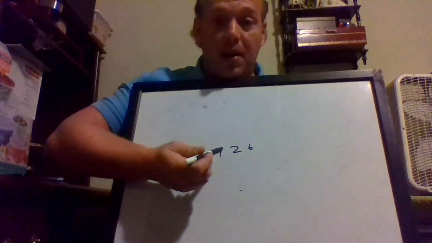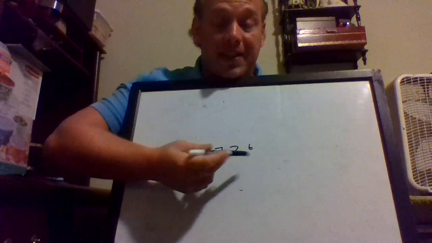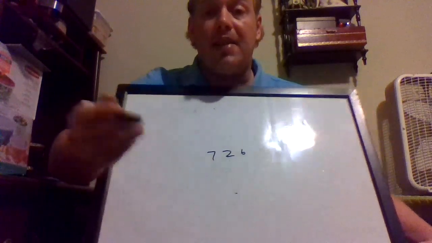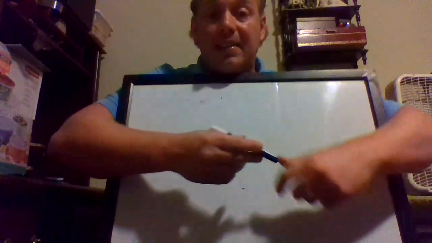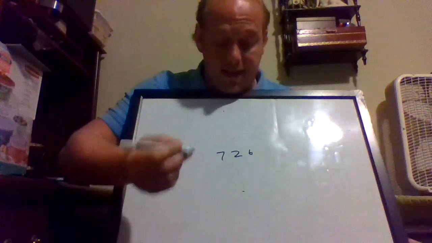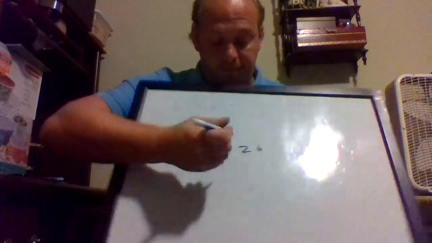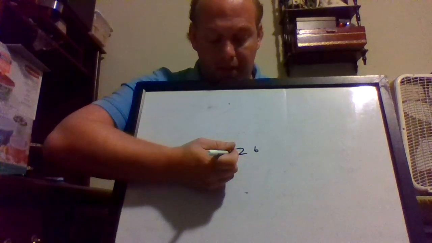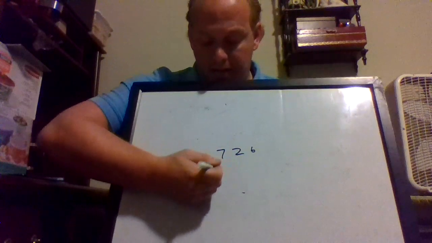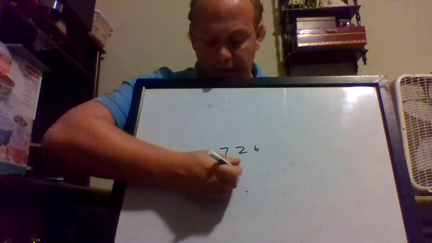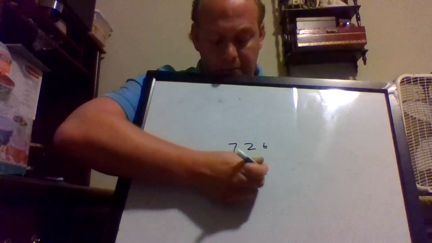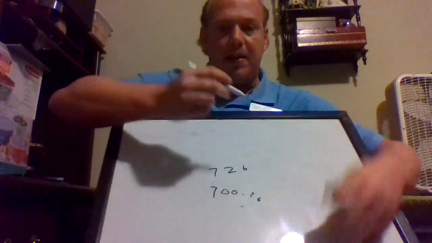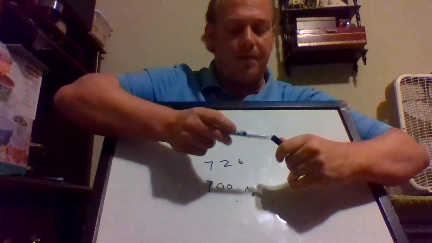This number is not pronounced 700 and 26, because if we pronounce it that way, then this is what we're saying: 700 decimal 26. And that is not what that number is.